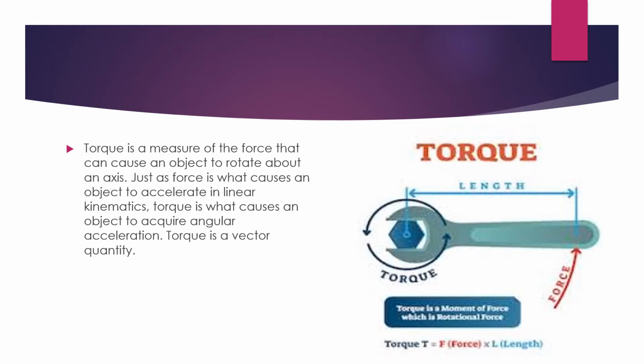Just as force is what causes an object to accelerate in linear kinematics, torque is what causes an object to rotate. Torque is a vector quantity because you need to know where you are applying the force and what the direction of the force is. That's why it's a vector quantity.